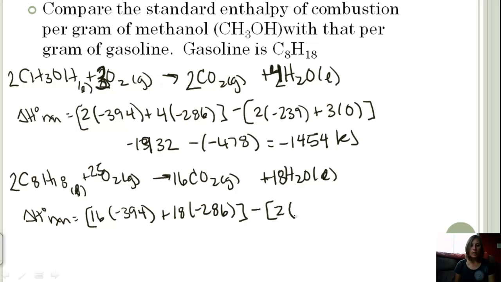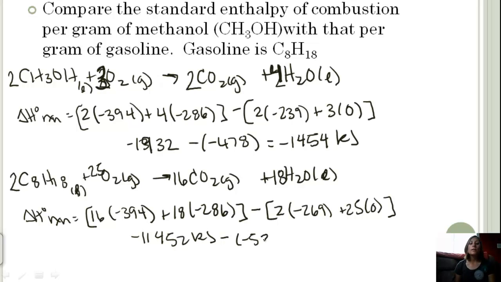I've got 2 times gasoline, which is negative 269, and then 25 oxygens, but oxygen is the element in its standard state, so 0. That first term is negative 11,452 kilojoules minus a negative 538 kilojoules. I need a parenthesis. There we go.